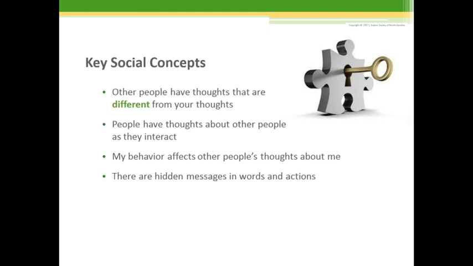And so, for example, if I walk into a coffee shop and I see someone who I know, I approach them with a certain idea in mind about what to say based on how I know them and what their interests are. And so I approach them with all of those things in mind. So some individuals with autism would struggle to mentally map out a plan for what they're going to say based on what they know about that person. Because a key social concept really is that as you and I are interacting with another person, we are continually having thoughts about each other.